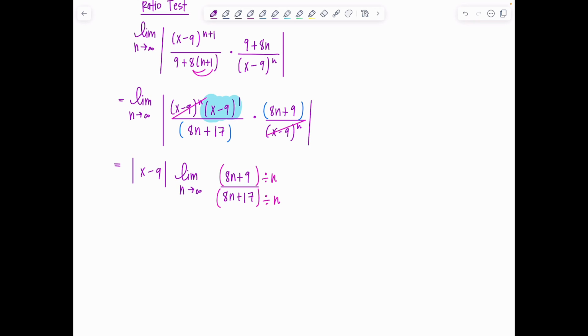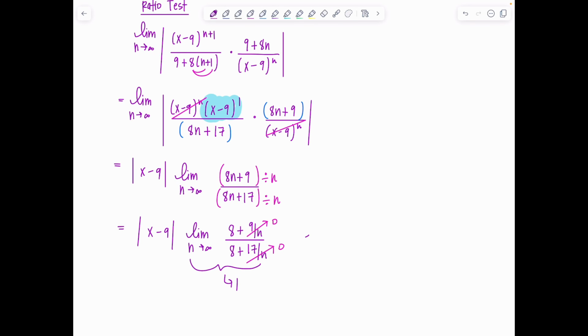Then we have absolute value of x minus 9 times the limit as n goes to infinity of 8 plus 9 over n over 8 plus 17 over n. So 9 over n goes to 0, 17 over n goes to 0. All I have is 8 over 8, which goes to 1.